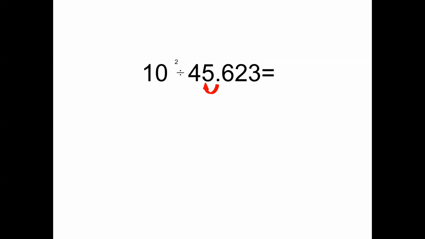So that's 1 time, 2 times, okay? I'll do that again. 1 time, so that means it will be right here between the 4 and the 5, and then it's going to move again, so now it should be in front.